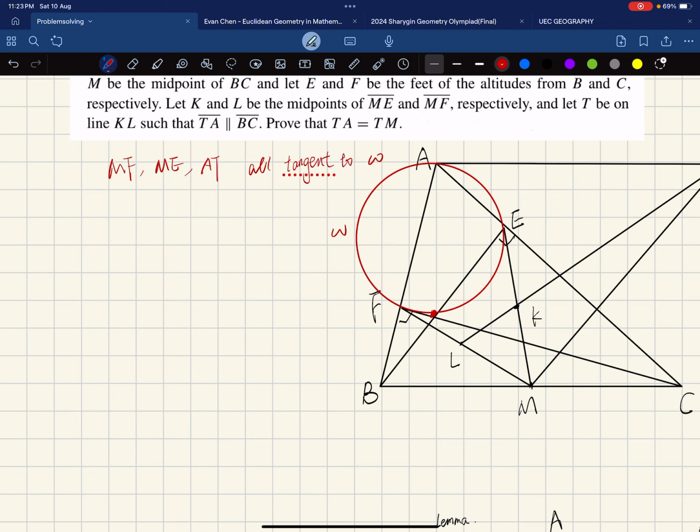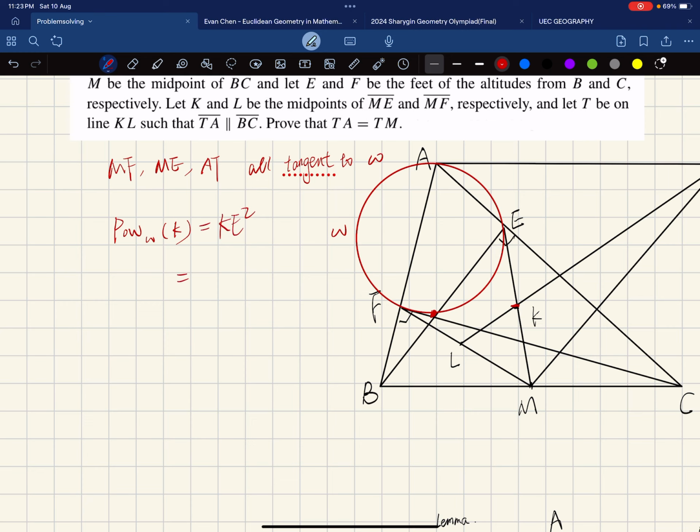So what can we have? We know that, notice this point K, the power of K to omega equals KE squared, right?